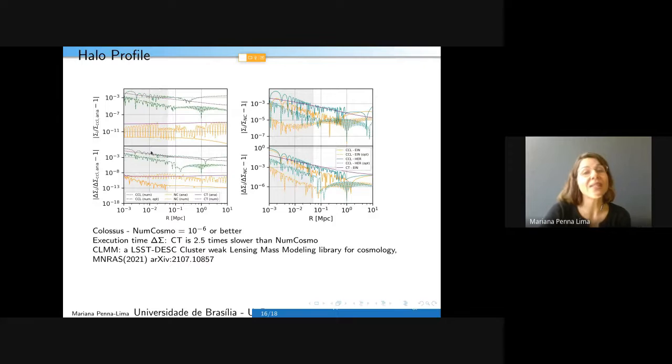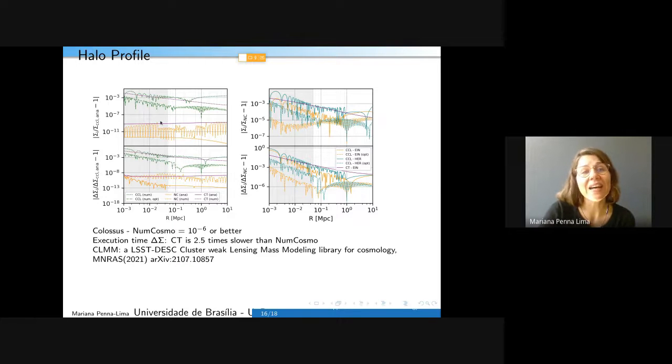Another example, which we also explore in the CLMM papers, so you can see more details there. Here we compare the surface mass density computed with NumCosmo, Colossus, CCL, and Cluster Toolkit, here in this left panel for the SIS and Einasto profiles, and the right panel for NFW, okay?